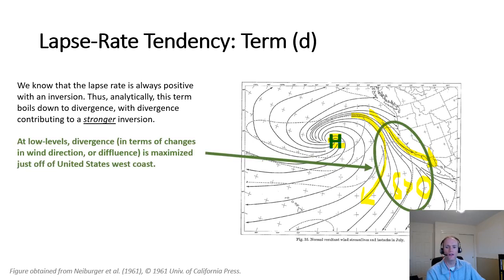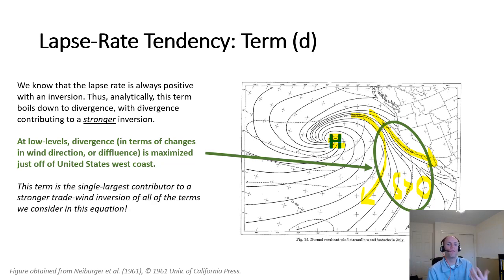And we know that our lapse rate within this region is also positive. Potential temperature rapidly increases with height through the inversion. So you have a positive lapse rate with a positive divergence associated with the difluent flow of the subtropical anticyclone. So the product of those two is positive, and consequently, mathematically, we can show that this term leads to a stronger inversion, just as we did physically on the previous slide.